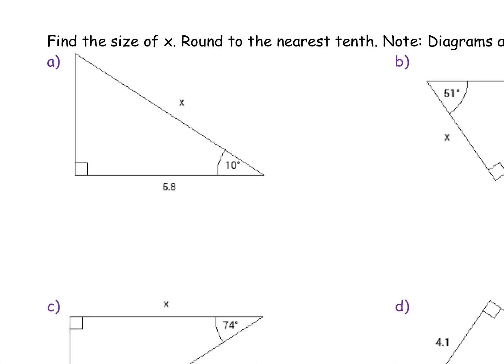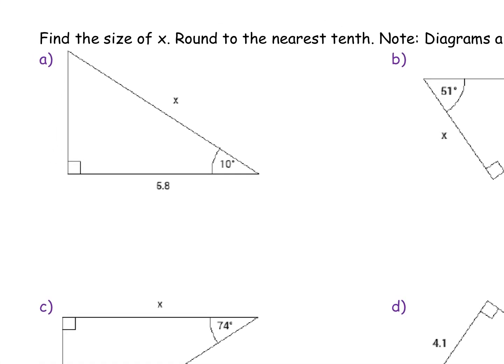Okay, here we go, ladies and gentlemen. So here's my angle, my hypotenuse, and my side adjacent, because it makes the angle. So I've got a cosine of 10 equals 5.8 over x.